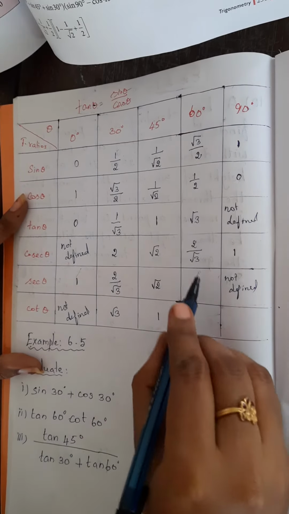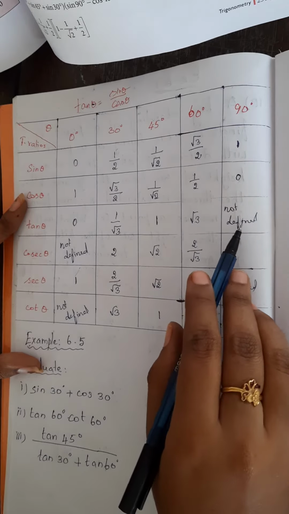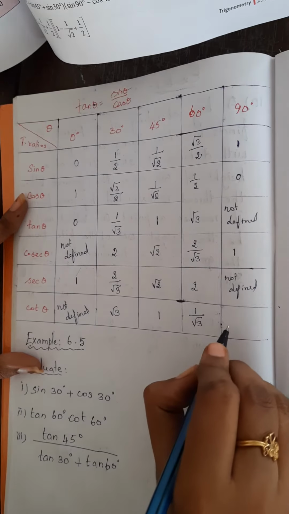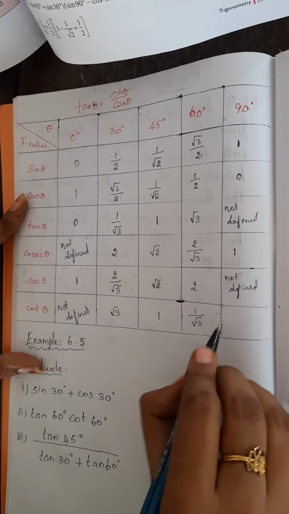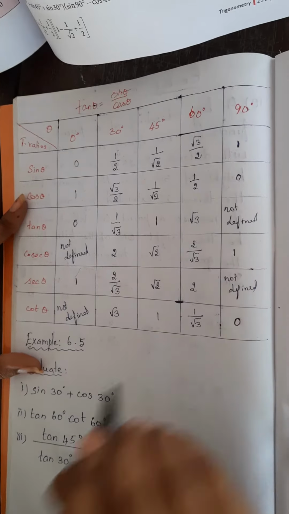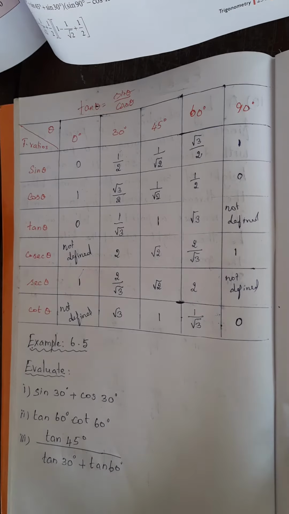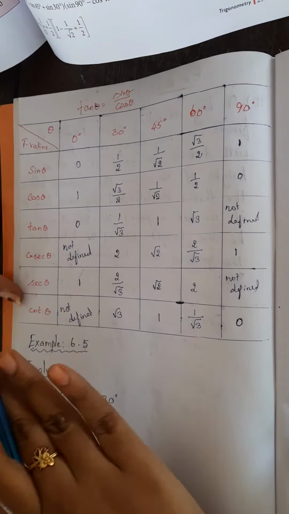Reciprocal of root 3 is 1 by root 3. Then reciprocal of not defined is 0. Okay. So we are going to use these values for the example problems.